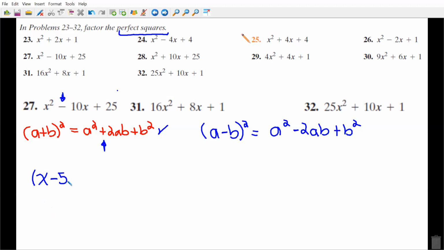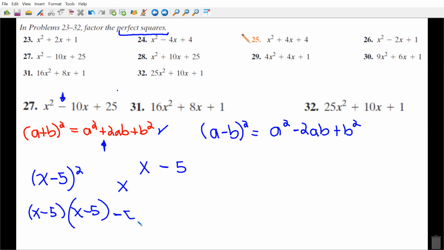The answer is 5 and 5, so x minus 5 squared. Yes? Because it's x minus 5 times x minus 5. And we're going to do the check. You can use FOIL if you want, or you can use the method that Valentina Herrera once explained to us. Remember? X times x, x squared.